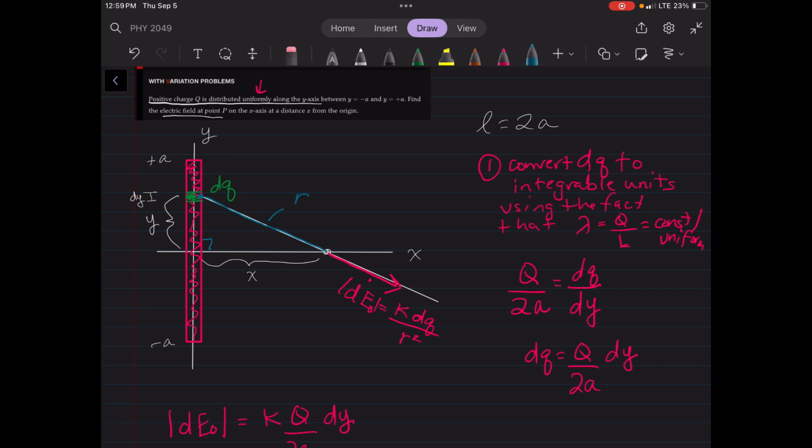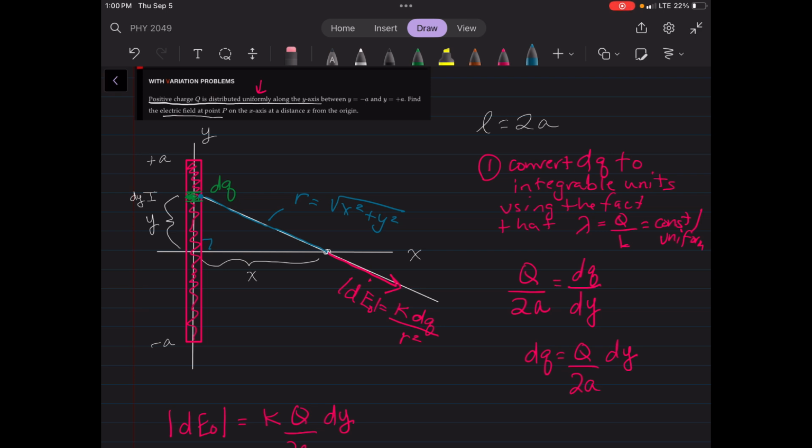And since the x component of that distance r is x and the y is y, we can easily see that this distance r can be expressed as x squared plus y squared. And that's because of our placement of that charge being on the y-axis.